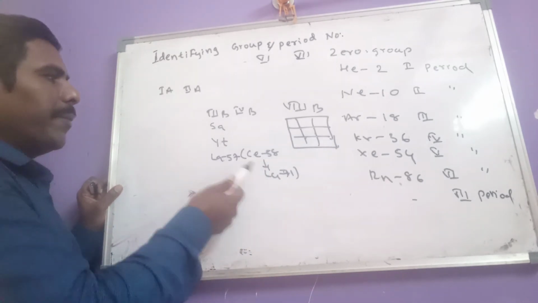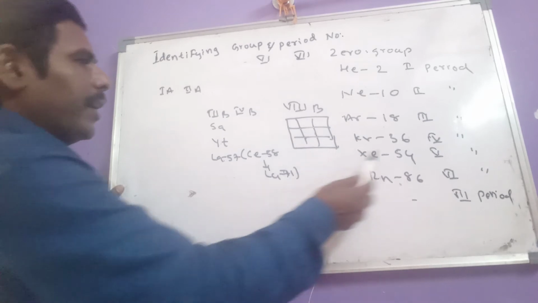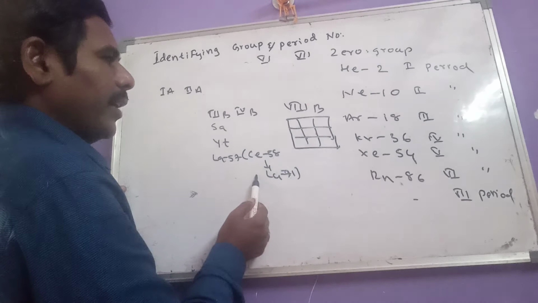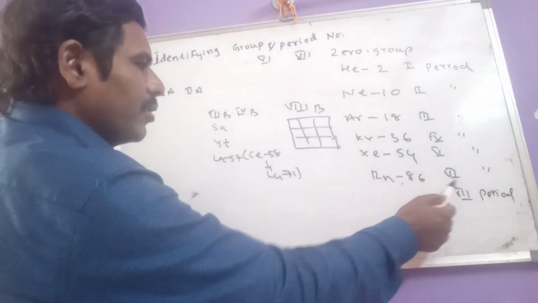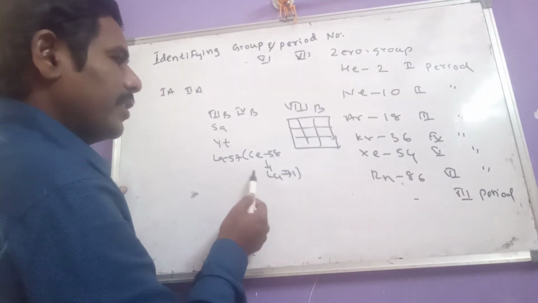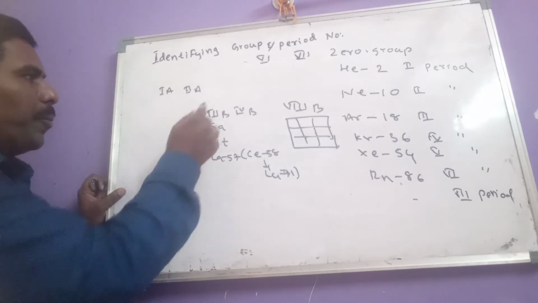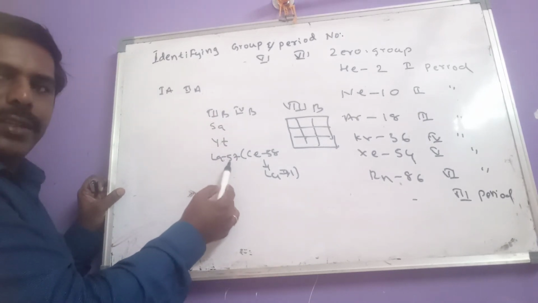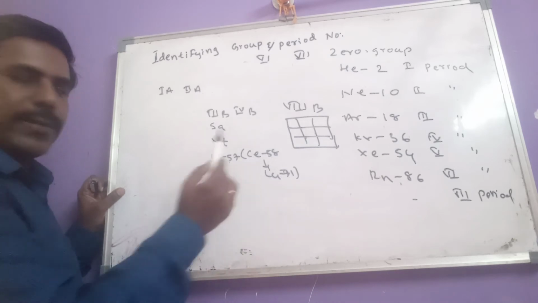Of course, the period number we can easily tell, because these atomic numbers come after 54, so it is the sixth period. But the group number is third B only, for lanthanum 57, cerium 58 to lutetium 71.